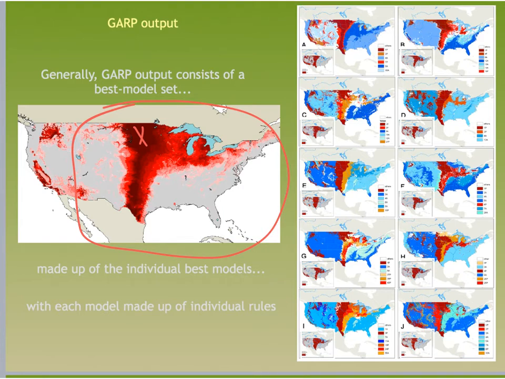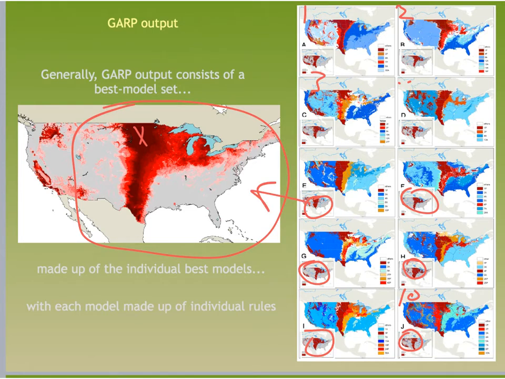That number 10 is important here because here is 1, 2, 3, and so on through 10. These are the 10 individual models in the best subset that's added up in this larger map.